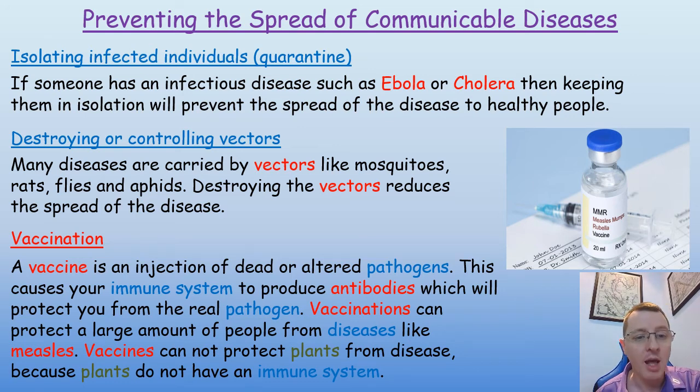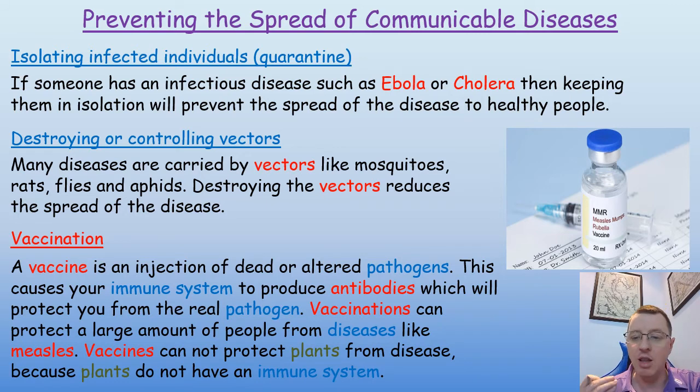Vaccinations. A vaccine is an injection of dead or altered pathogens. This builds on the work of Edward Jenner, and these dead or altered pathogens will cause your immune system to produce antibodies, which will protect you from the real pathogen. Vaccinations can protect a large amount of people from diseases like measles and today COVID-19. Vaccines cannot protect plants from diseases, however, because plants do not have an immune system.